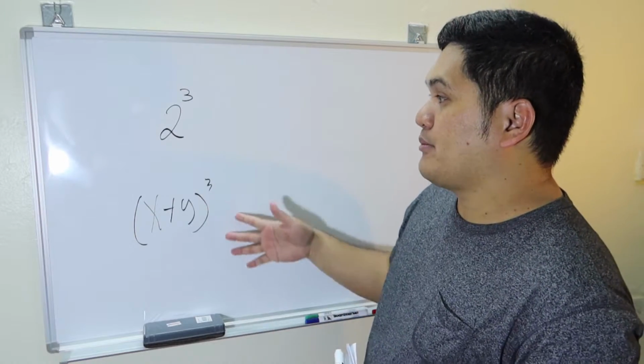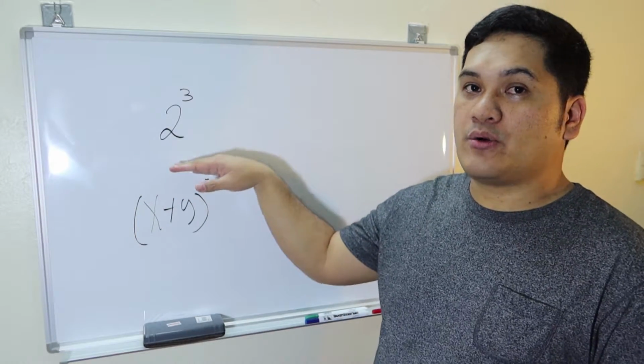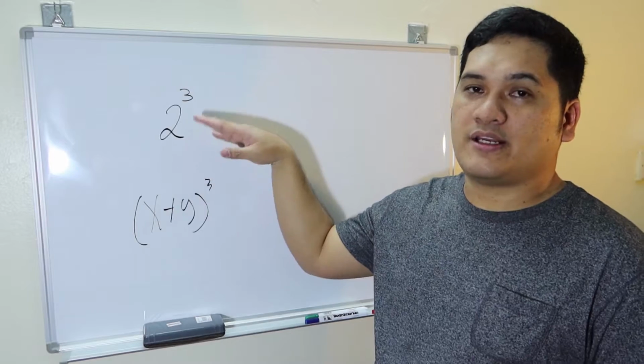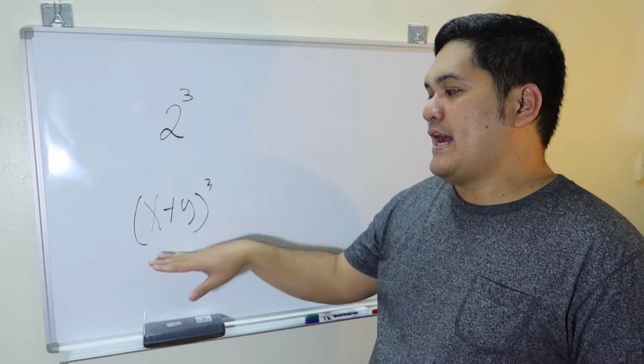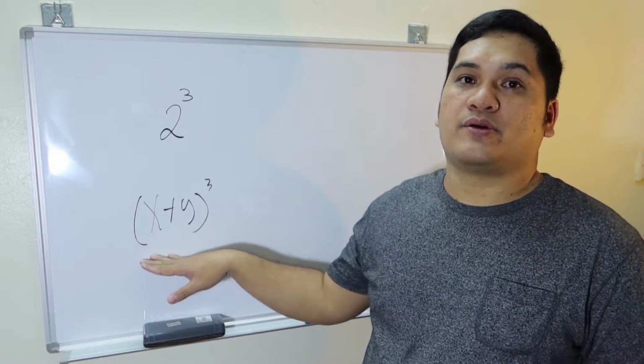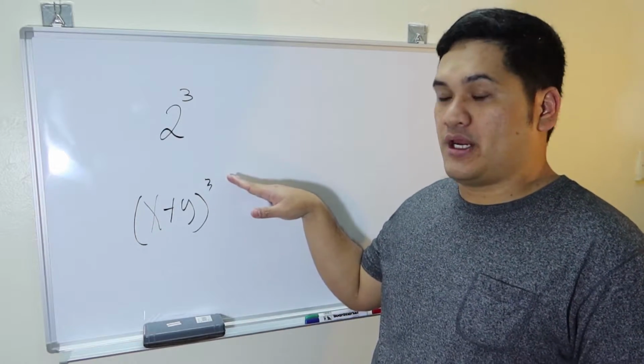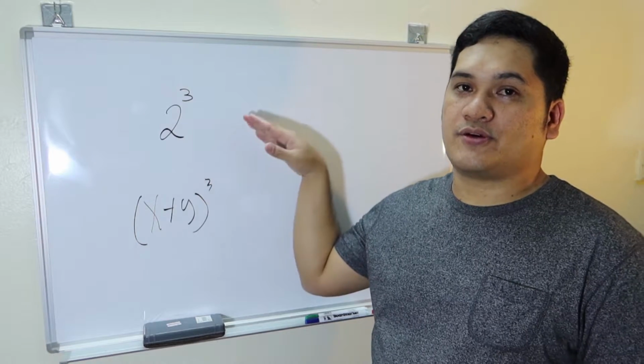I have here an example of a number raised to a certain power. In this case, I have 2 raised to 3. And then I have the expression x plus y raised to a certain number, which is 3. This is an expression raised to a certain power.